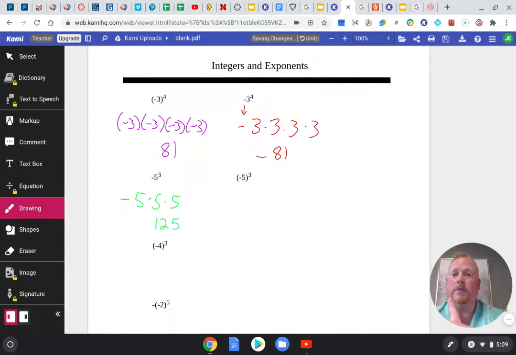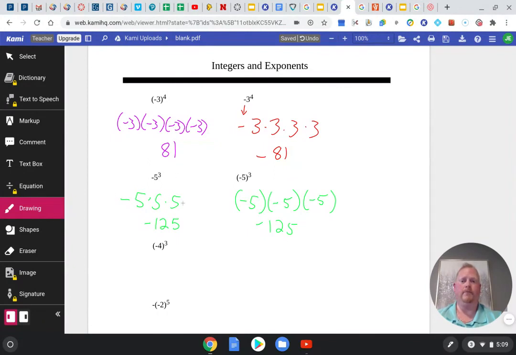And that negative only happens once, so it's going to be a negative 125. Let's take a look at negative 5 to the third with parentheses. That literally means negative 5 times negative 5 times negative 5. So if I multiply all three of those, I still get the 125 number. But a negative times a negative times a negative still is negative. So in this case, I get the same number no matter what way I do it.